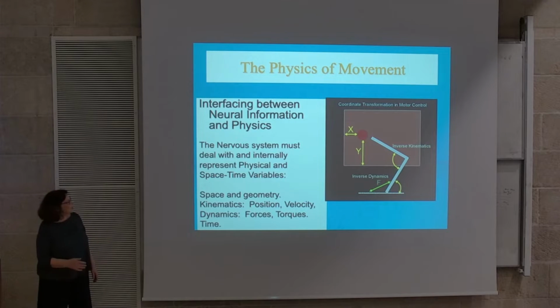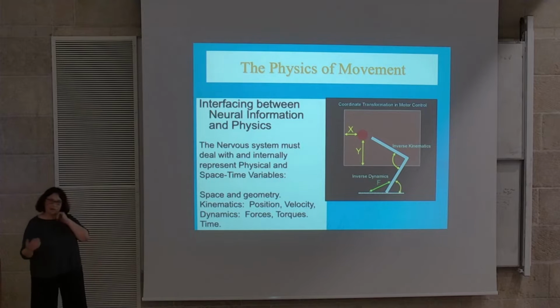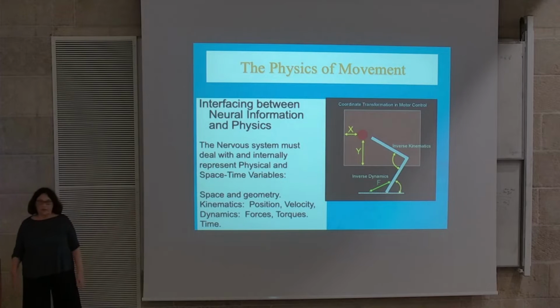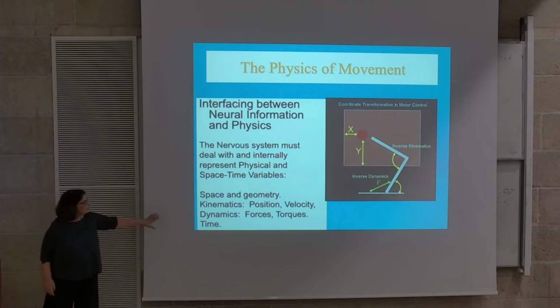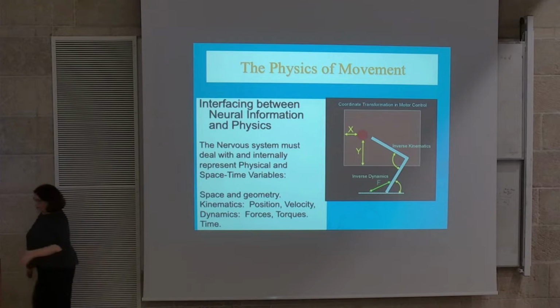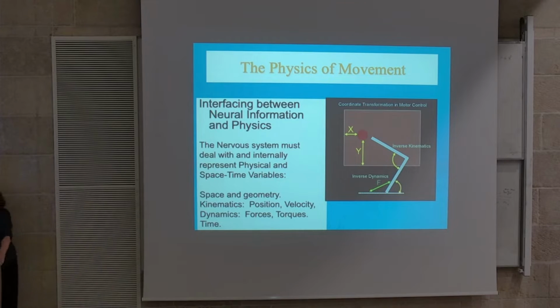You have to address physical variables, namely kinematic variables like position, velocity, and acceleration, but you have to generate them through forces or torques, which are the aspects of dynamics. I mean dynamics not in the sense of temporal, but more about the generation, kinetics, what we call. And of course, we shouldn't neglect time, because we believe that there is a lot of intermingling between space and time variables.